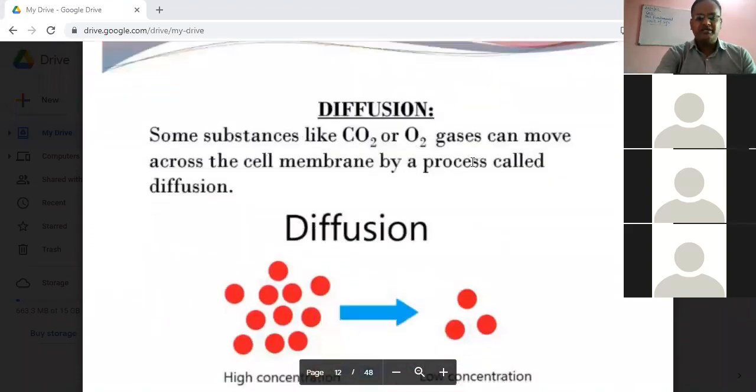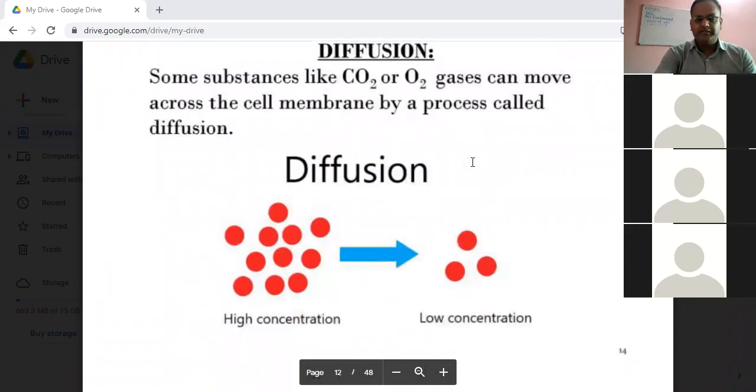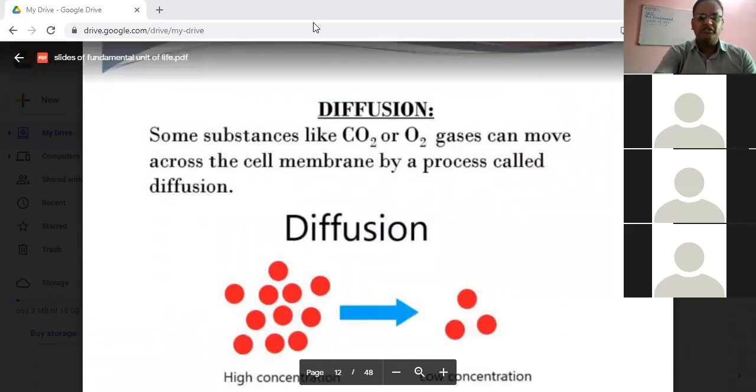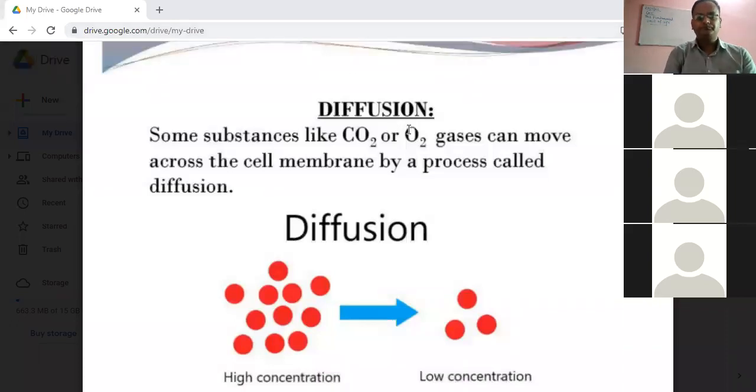Now, after this comes a very important term, that is diffusion. Okay. Now, students, before going into the topic of diffusion, in matter also we have studied about diffusion. Can anyone say what is diffusion? Can any of the students say what is diffusion?